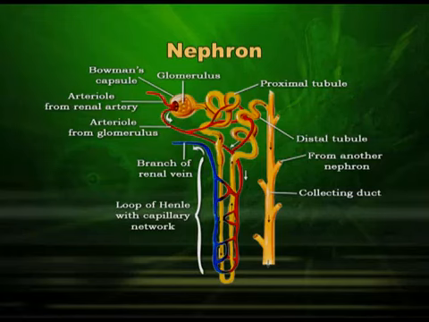Afferent and efferent both are arteries. Afferent is bigger in diameter, efferent is smaller in diameter, but both are arteries. You can see that is one capillary network or blood supply to the kidney, and the other blood supply is in the tubular area, which you can see in the form of arteries and veins, and both are very important.